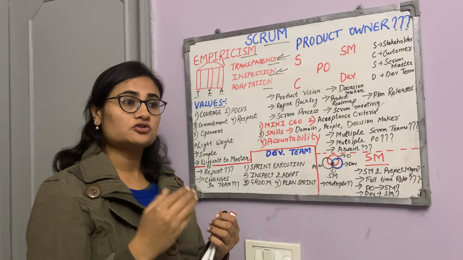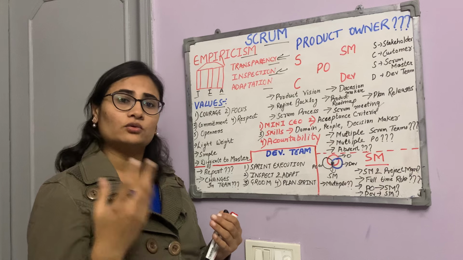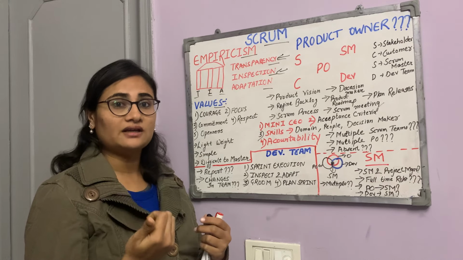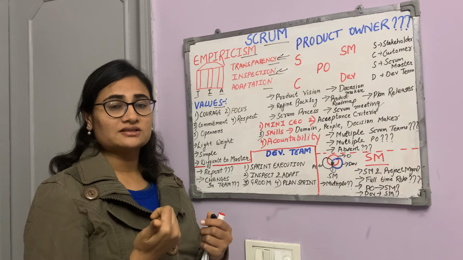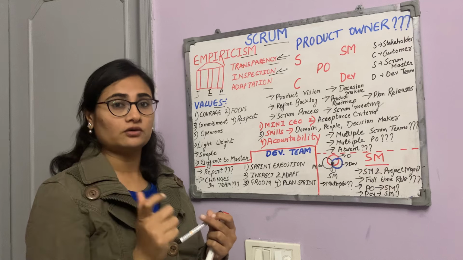This inspection should always be done as frequently as possible, so that you can identify any impediment, any weak areas, any issues within the team which can hamper achieving your sprint goal.